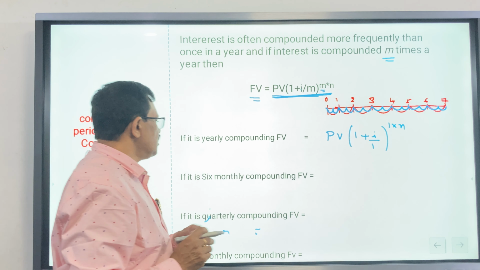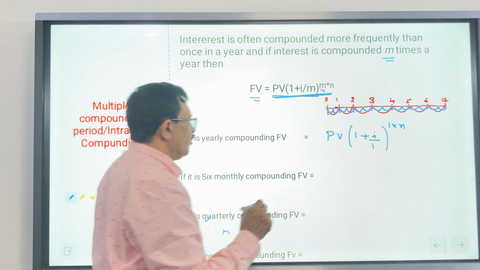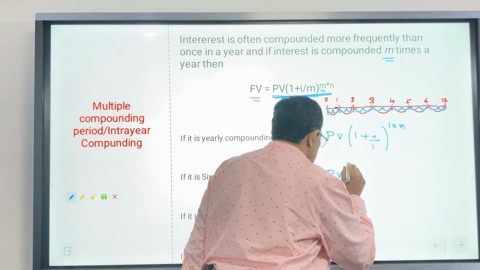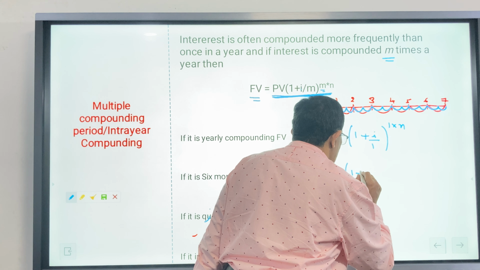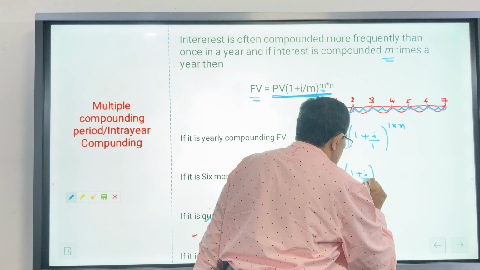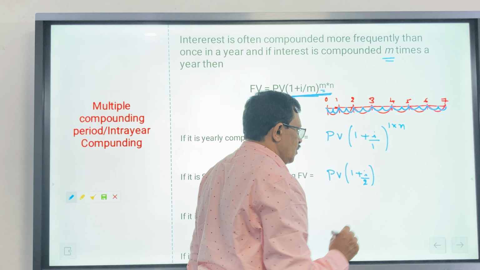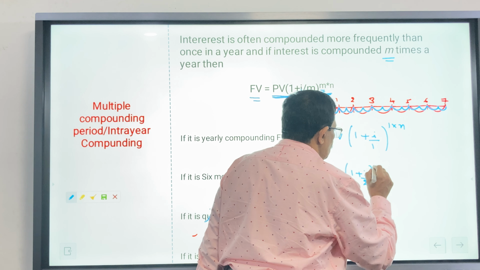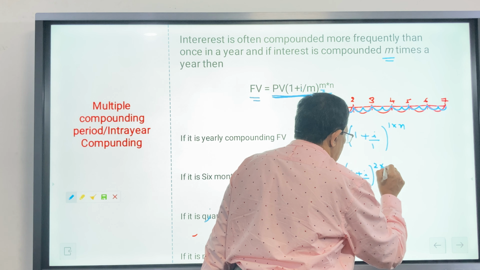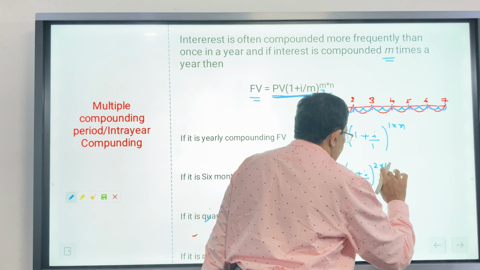But when it comes to the 6 monthly compounding, the formula can be written as the present value into (1 plus i divided by 2) to the power of 2 into n. There are going to be 2 periods in a year, so m is going to be 2.